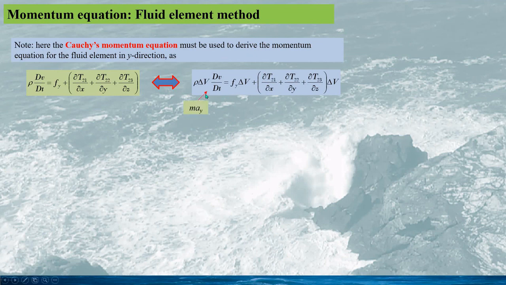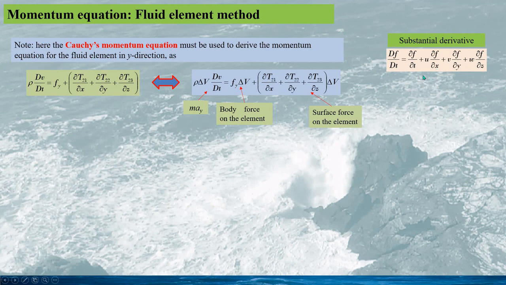This part is ma, this part is the body force on the element, and this is the surface force on the element. However, we must remember, in this case, for the fluid element, the mass is not constant if the flow is compressible.